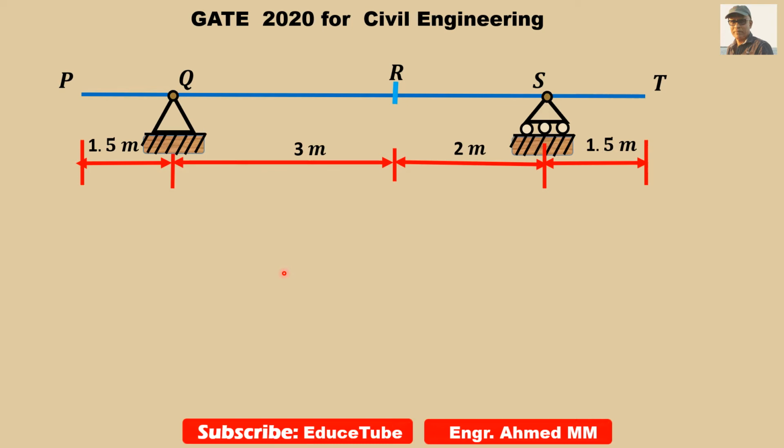To solve this problem, we need to apply the Muller-Breslau principle, especially for internal moments. An internal moment influence line for a point, say R, is constructed by breaking the beam for moment at that point.